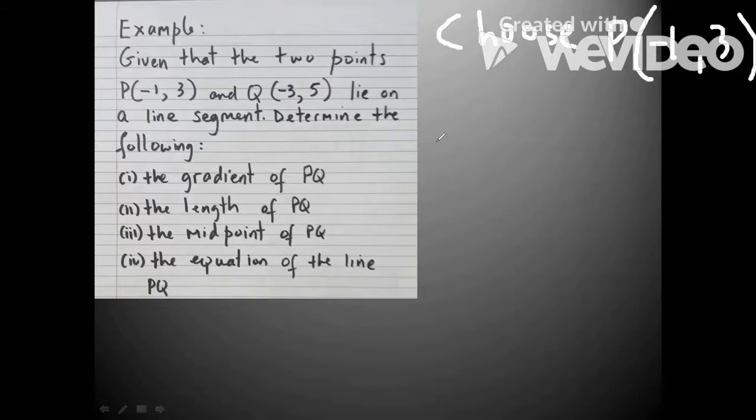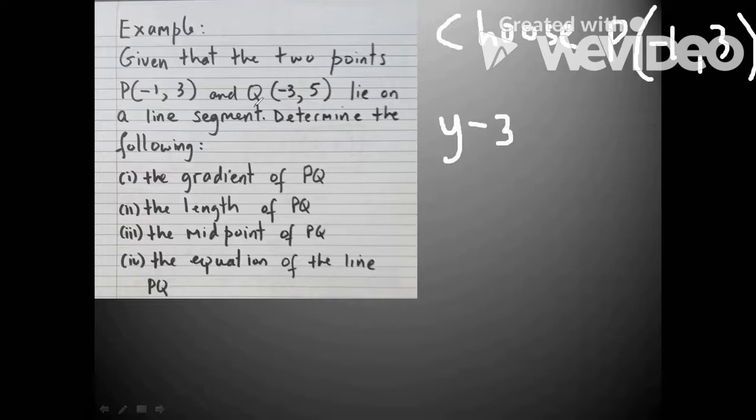And then we're going to use the formula. And if you recall, we said that it's actually the gradient formula. So it's Y subtract the Y value of the point you choose. So that's going to be 3.